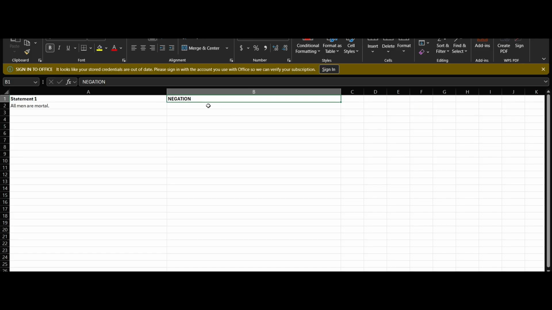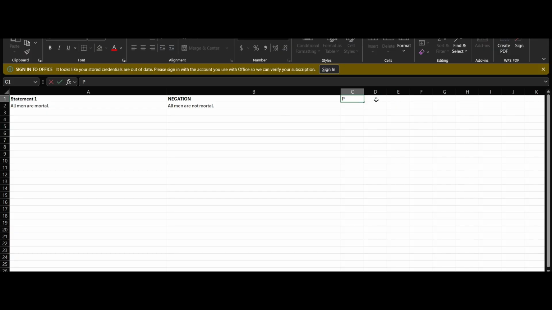So the negation of this would be all men are not mortal. Seems pretty simple, right? If statement one says that all men are mortal, then the negation of that would obviously be all men are not mortal, or all men are immortal.